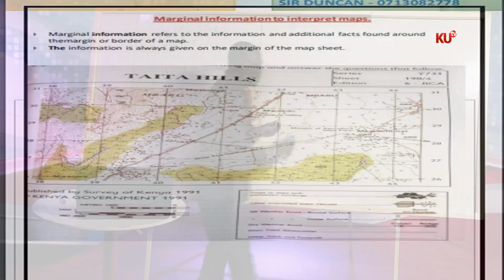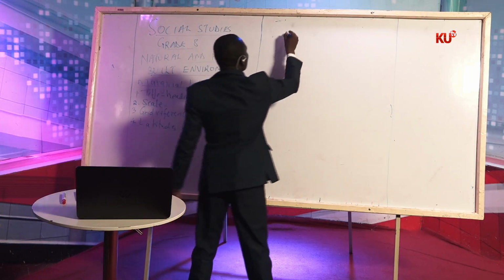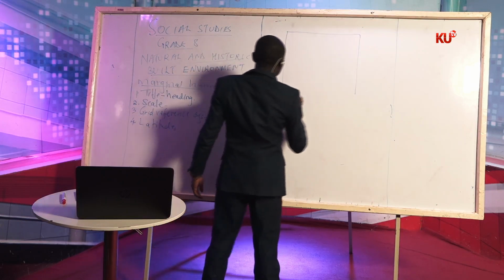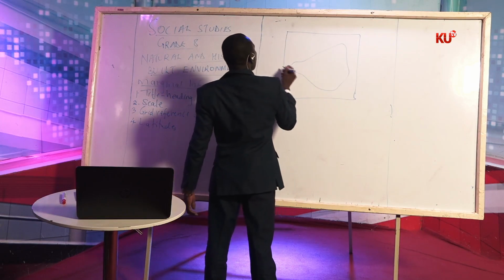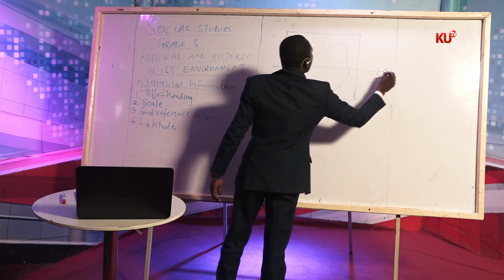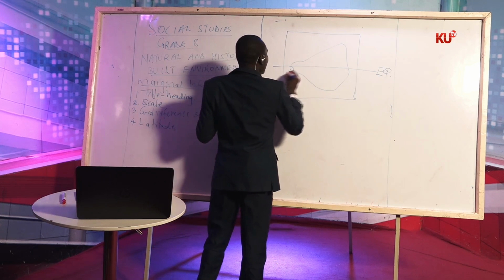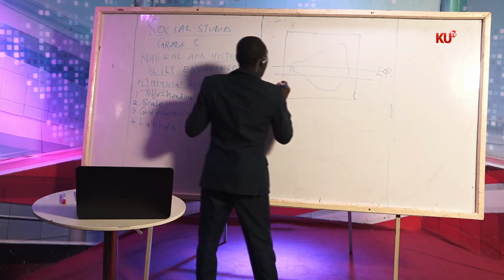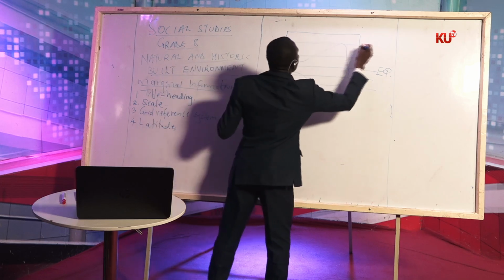Let me just draw for you here so that you are able to see. If this is the map, and we have the equator here, how far is this distance? I will use figures.